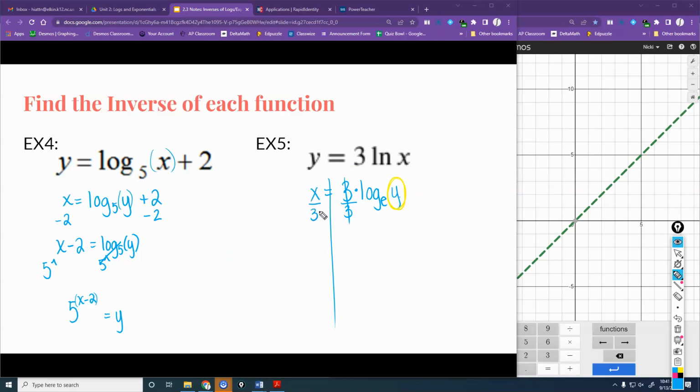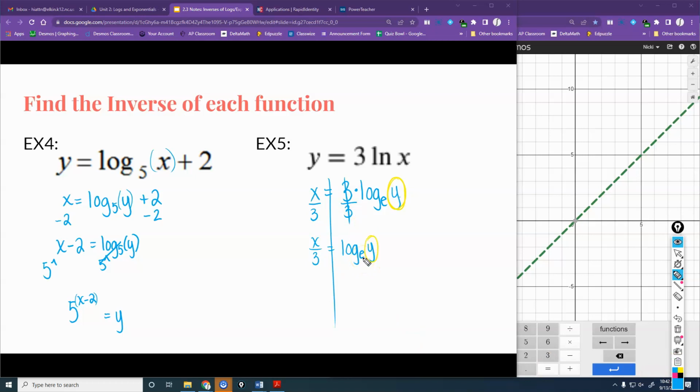X divided by 3, we can't do anything with that, we just write it as x divided by 3. Most of the time, whatever's over here with that x, you're just rewriting it. You're not actually adding, subtracting, multiplying, dividing anything. We got log base e of y, or you can call it ln if you prefer. Okay, so I've got a log with a base e.